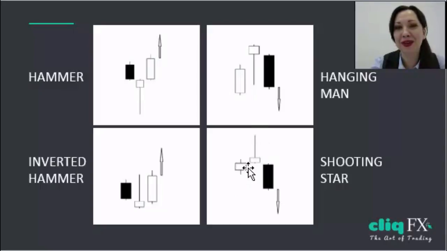It's called a shooting star because of the long tail, which shows us the star flying in the sky with a long tail. But actually, the shooting star is flying from the sky, because it elaborates the signal for sell. So we need to enter the market on the fourth candle. It doesn't matter actually if it's sell or buy.